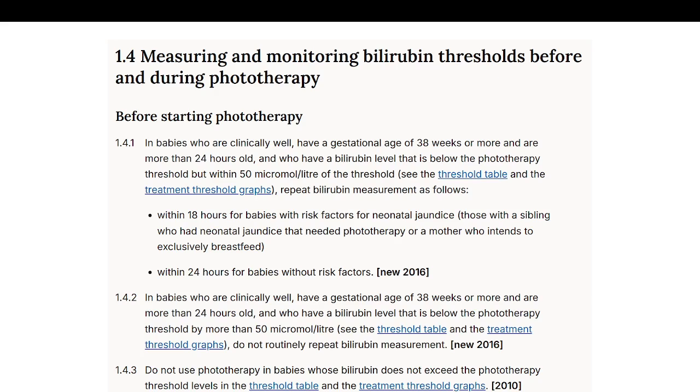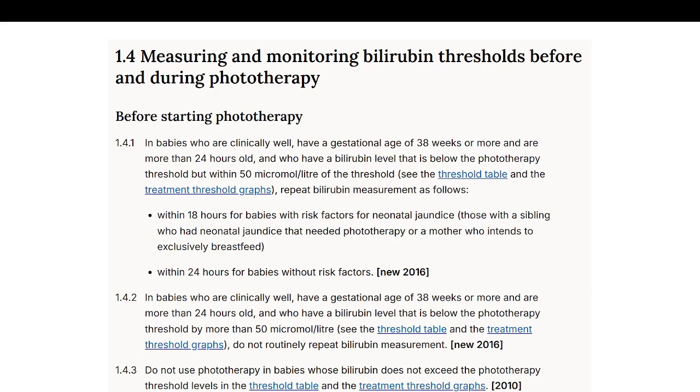If it's a baby who has a sibling that had neonatal jaundice and needed phototherapy, or the mum is exclusively breastfeeding, you would want to repeat the bilirubin within the next 18 hours, just to make sure that the bilirubin levels aren't increasing. Similarly, if they have none of those risk factors, you probably still want to repeat it within 24 hours, again to make sure the levels aren't increasing.